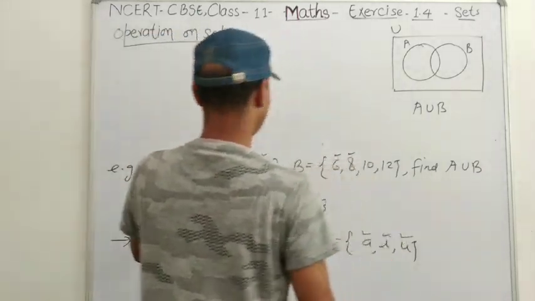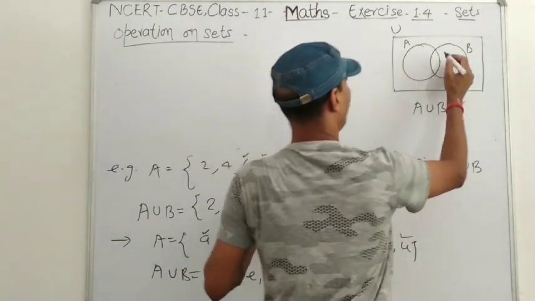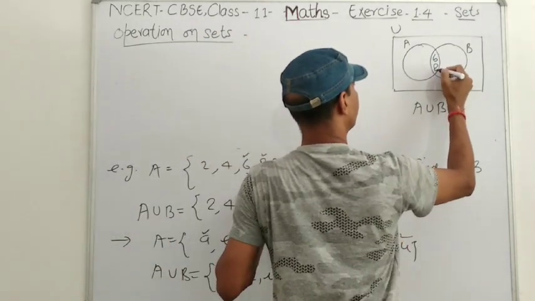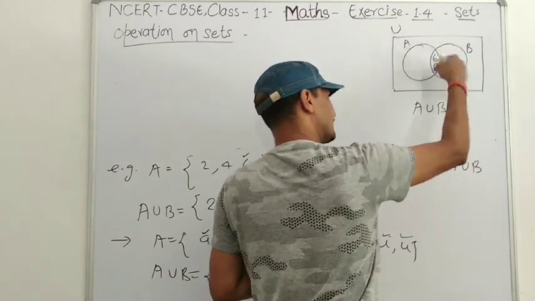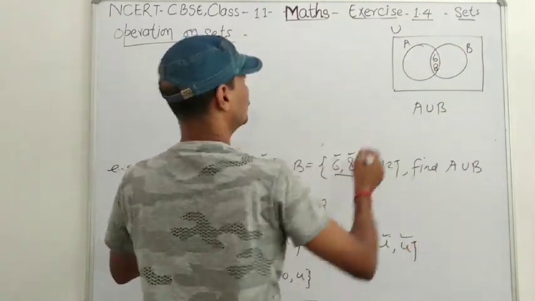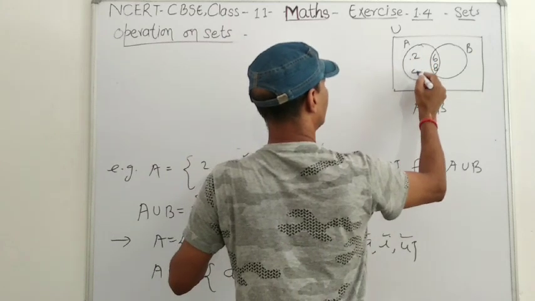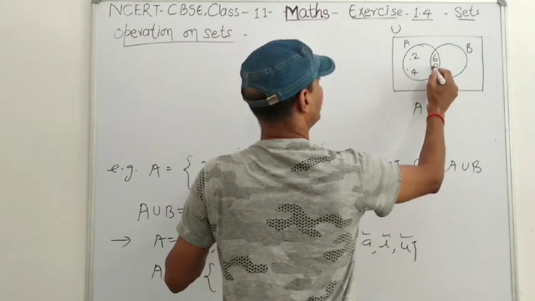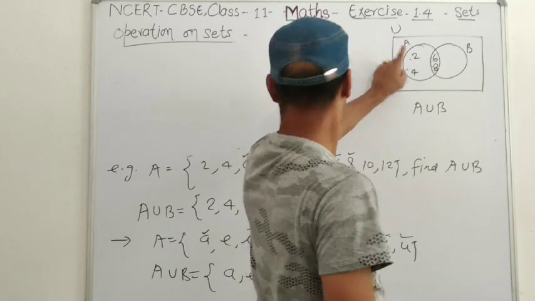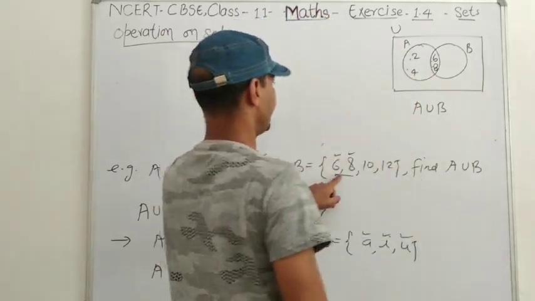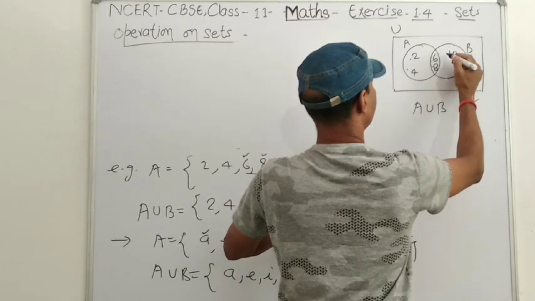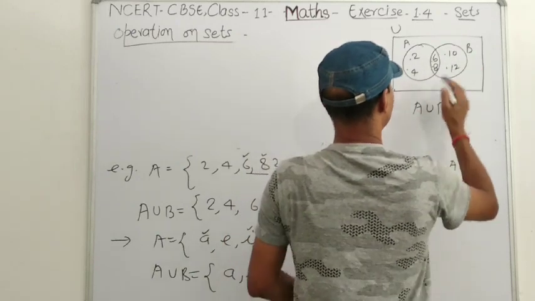And which ones are common? These two are common, 6 and 8, because 6 and 8 are elements of A and also elements of B. So set A is 2, 4, 6, 8, and B is 6, 8, 10 and 12.